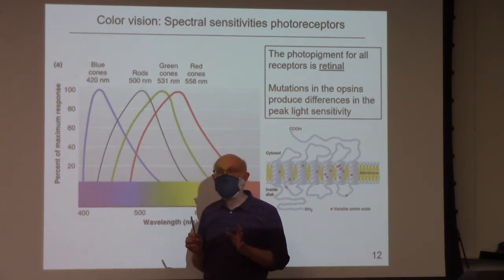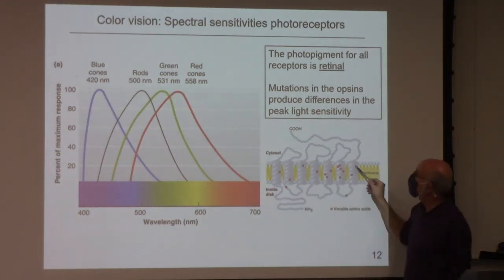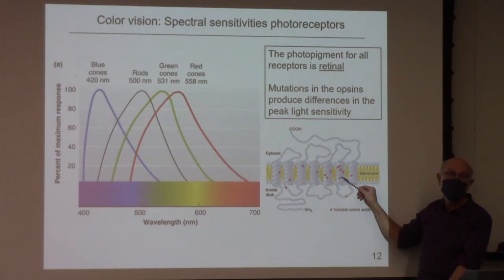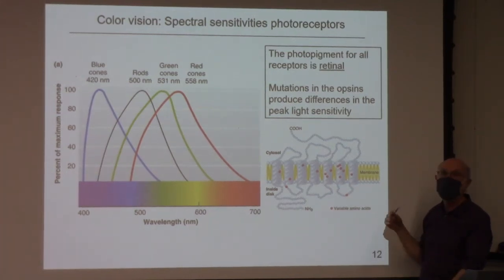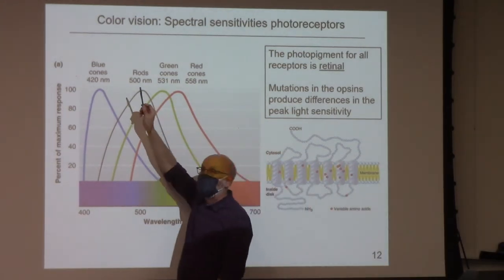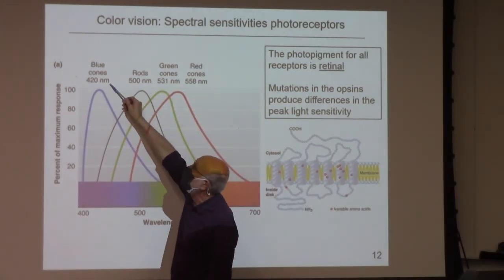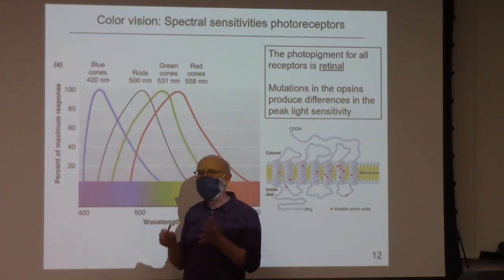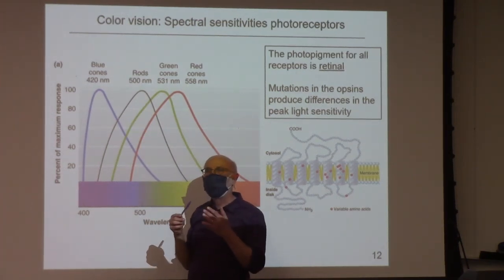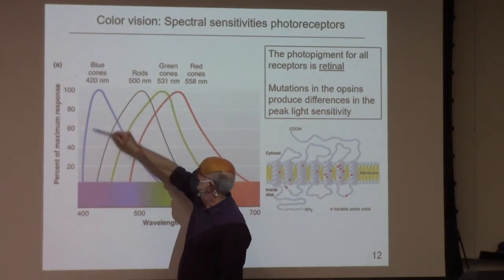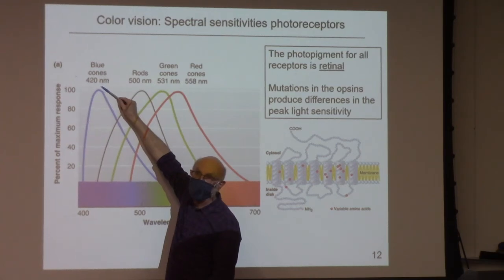So all of them have the same retinal, the same molecule, but because the retinal is embedded in an opsin, and because there are amino acid changes in the opsin that change the interaction of the retinal with the opsin, the so-called blue cones, of course they're not blue in color, have evolved the highest sensitivity to blue-purple light.